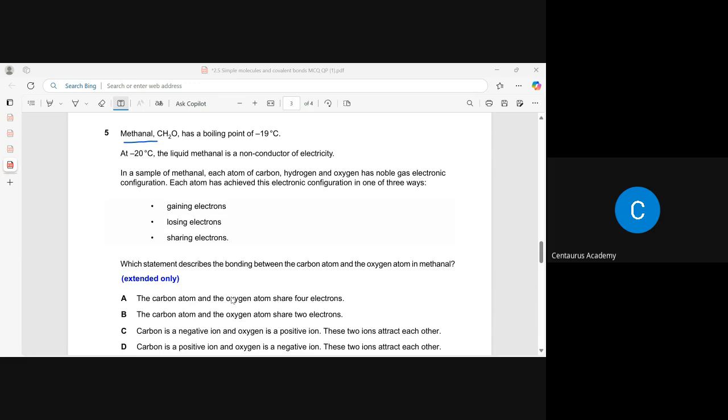Because the second statement says that liquid methanol is a non-conductor of electricity. If ions were present, then in the liquid state they must be conducting electricity. But they say there's no conduction of electricity. This means that no ions are present.